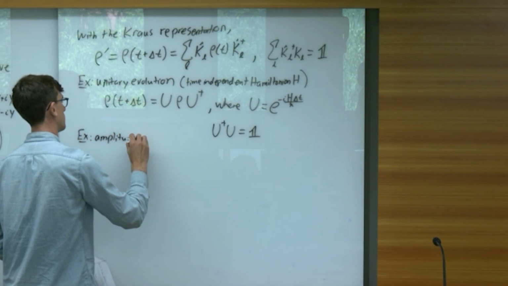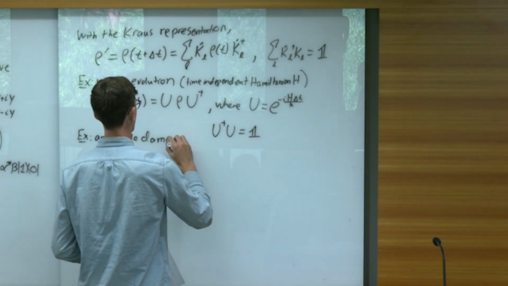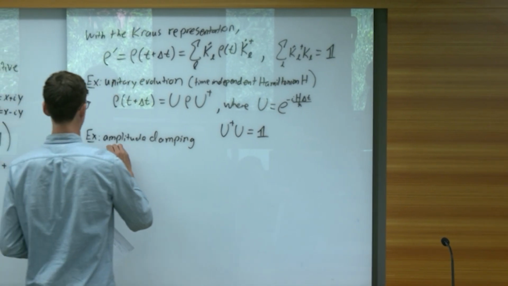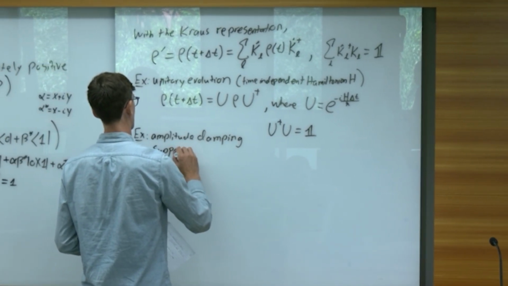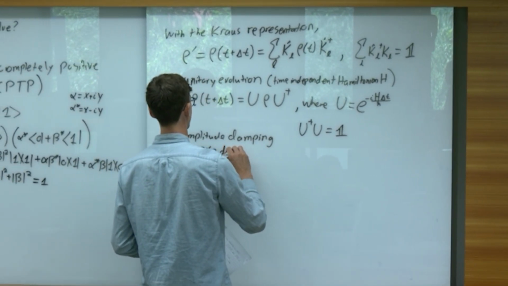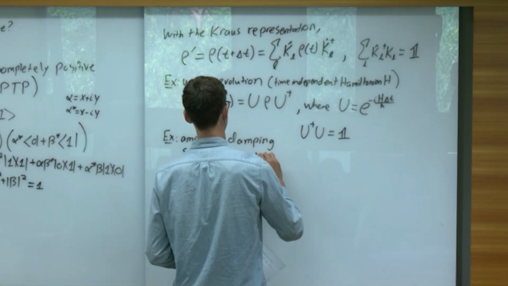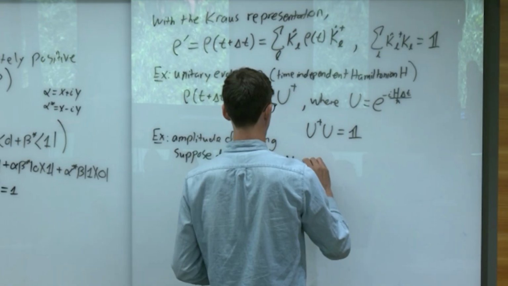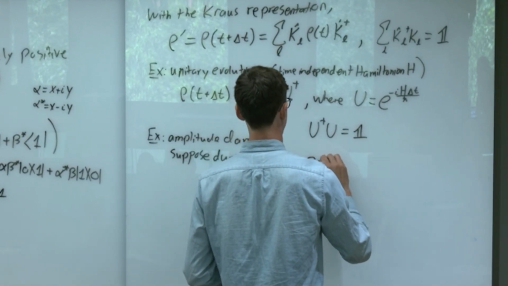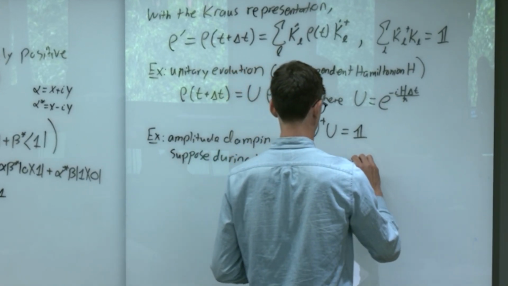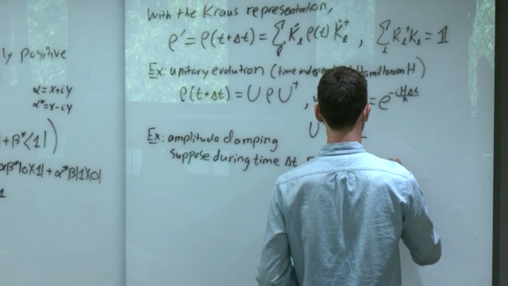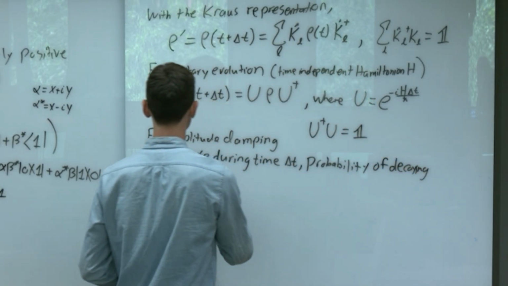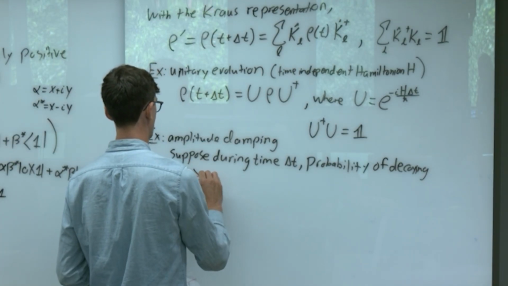In this case, we're going to suppose that during time delta t, we have some probability of decaying from state E to G.